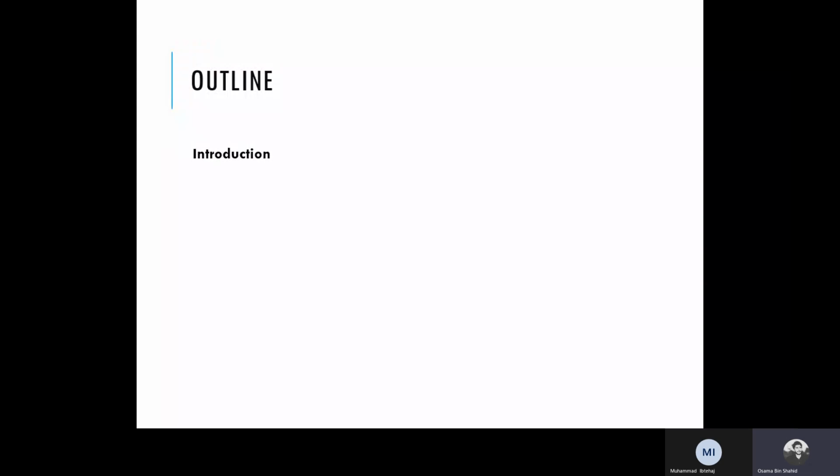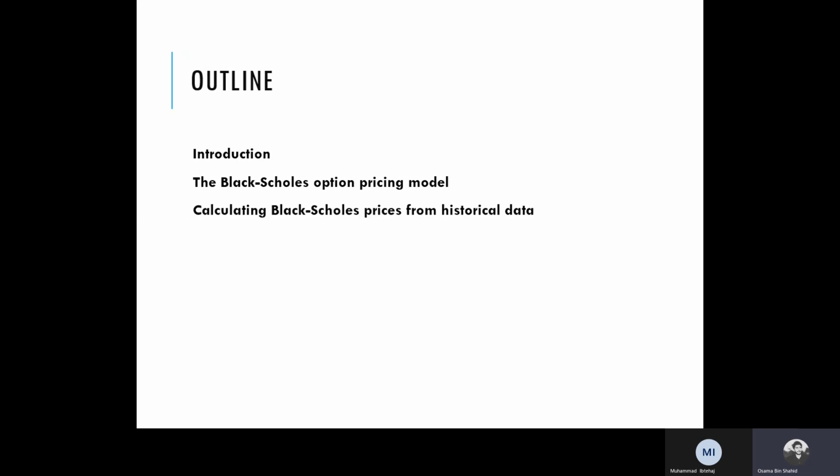The things we are going to go through in this segment are: an introduction to Black Scholes, then the Black Scholes option pricing model, what it really is, what its formulas are, and how to assess it. In the next step, we will calculate an example of a Microsoft stock option, in which we will calculate Black Scholes prices from historical data.